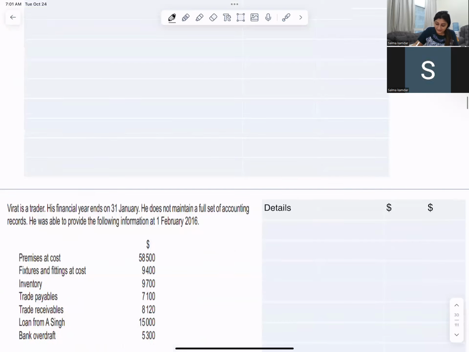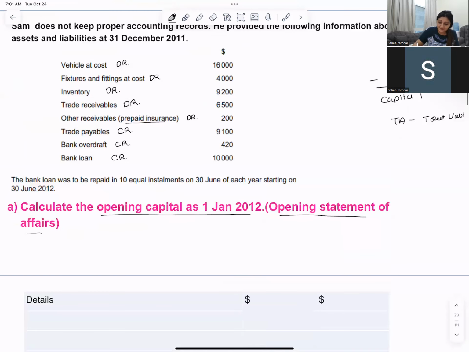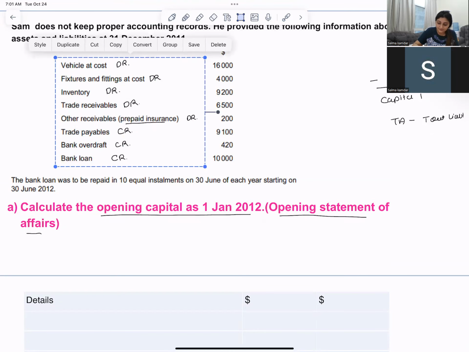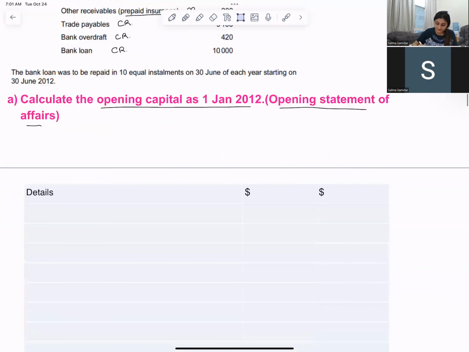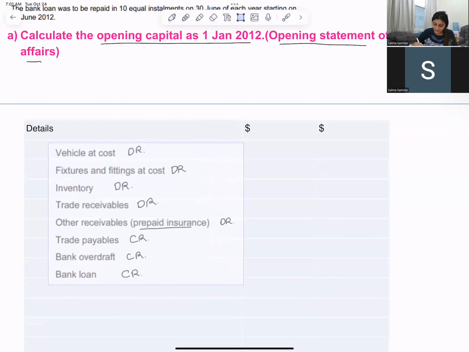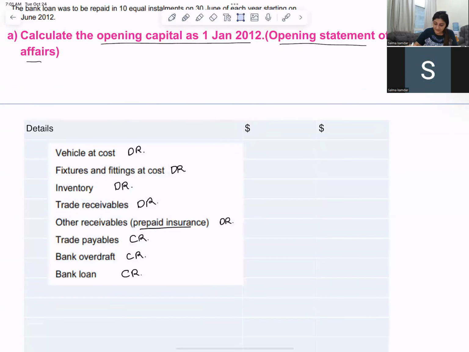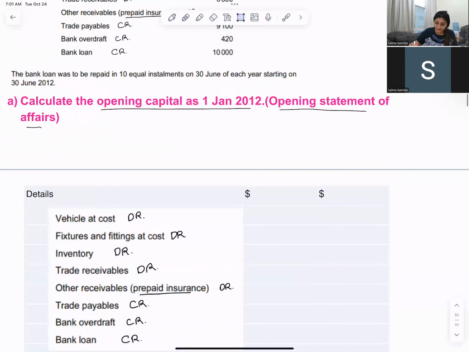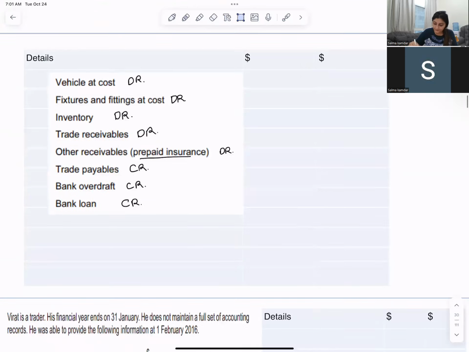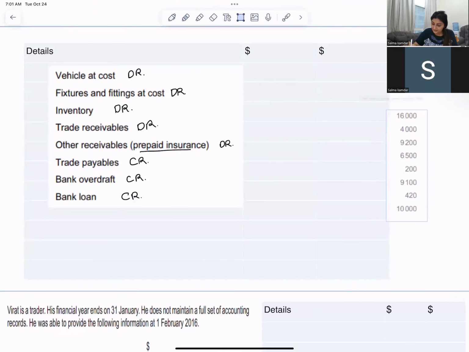I want to find out capital. How will I find out capital? I will write all of this. Now, what is debit? I will write it in the debit column. What is credit? I will write it in the credit column. So, vehicles is debit.